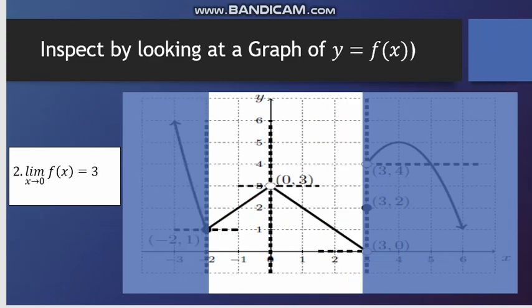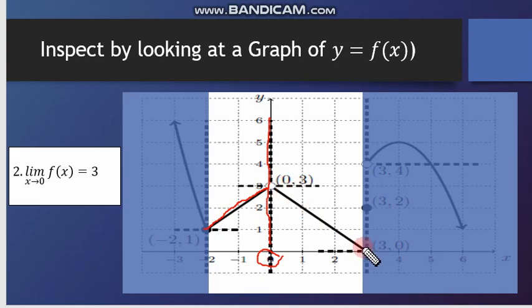For number 2, limit of f of x as x approaches 0. So we are to determine the limit of the function here in the graph. So at x is equal to 0, here is 0. We will divide our graph. As we trace from the left side to x is equal to 0, we could see that our graph approaches y is equal to 3.